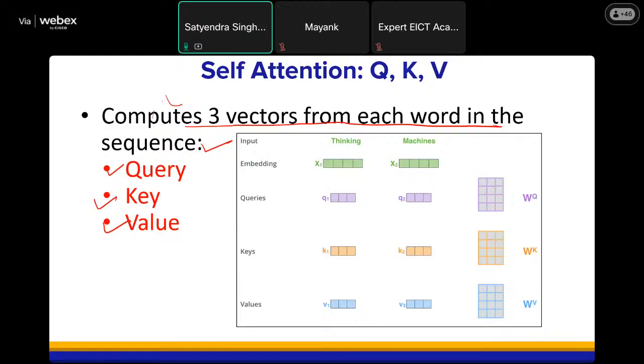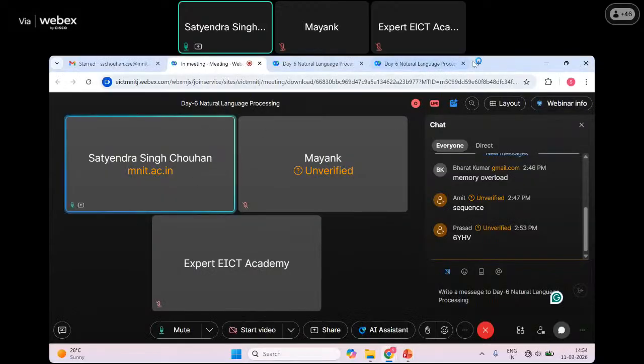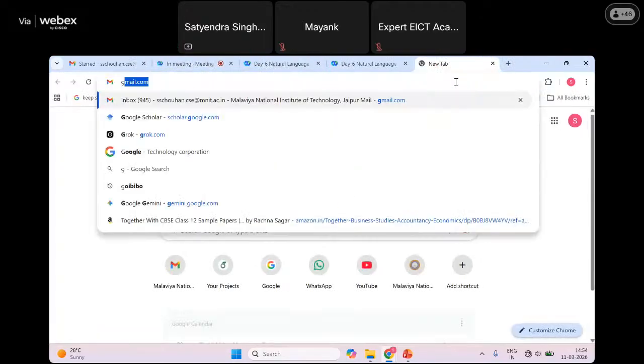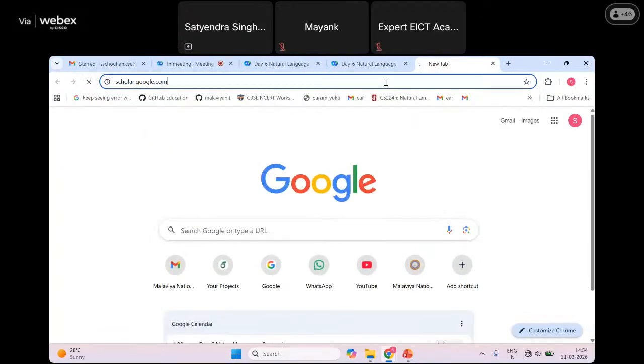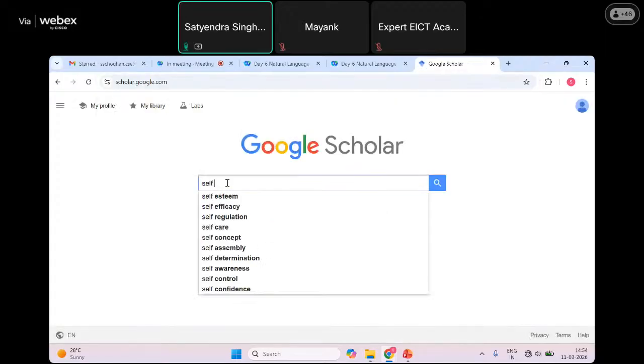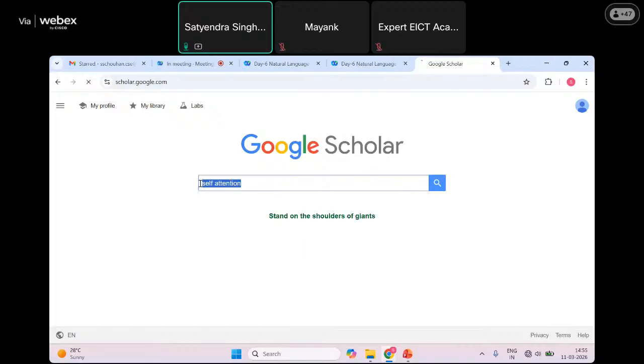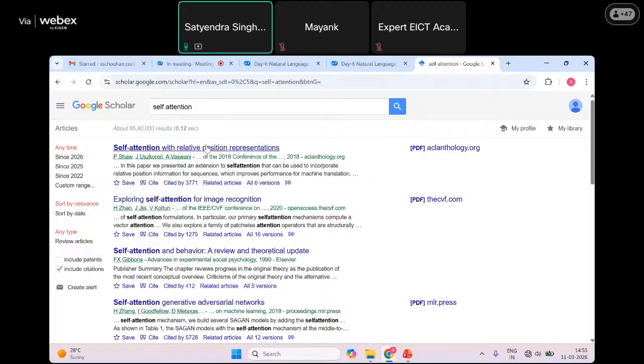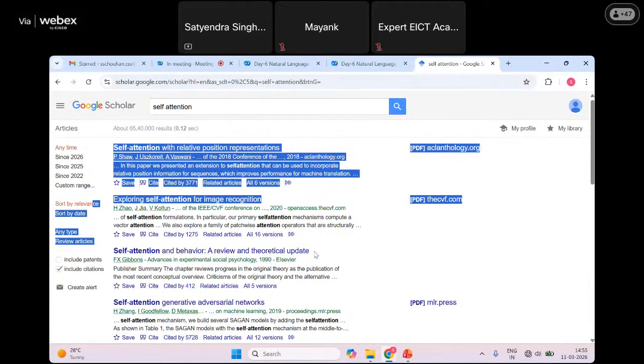For example, if you go to Google Scholar and write "self attention," that word is my query that I'm giving for the search. When I search it, you see the various options, and each option has some link header.